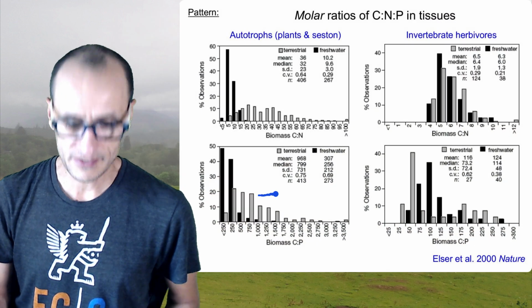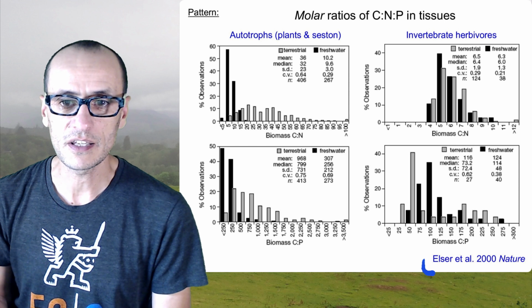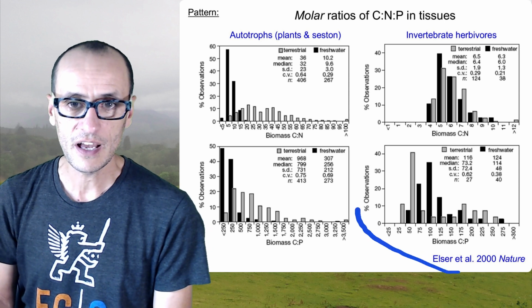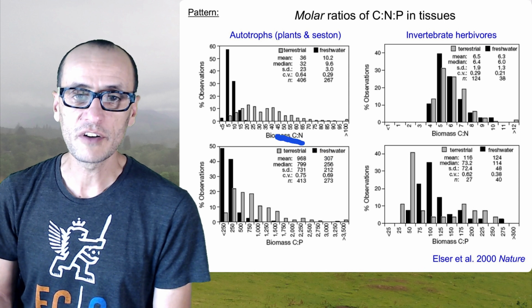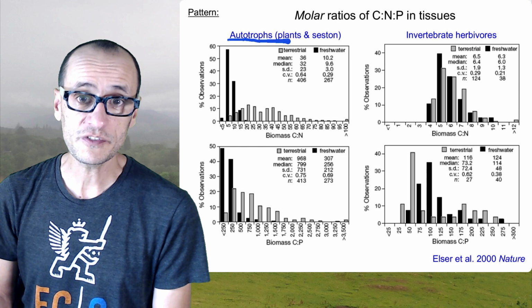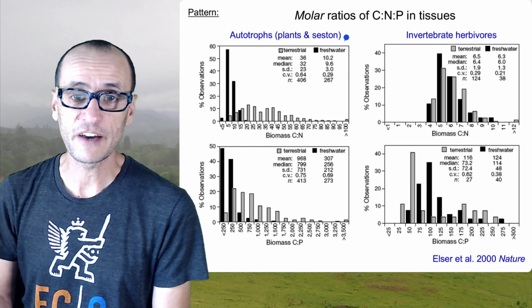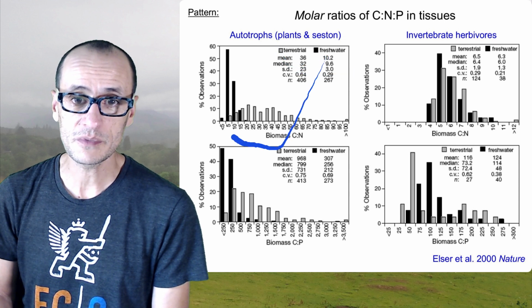So here is a pattern from a synthesis done by Jim Elser, who's one of the people who really dove deep into this particular field, that looked at the carbon to nitrogen ratio of autotrophs, plants and algae, other things, phytoplankton growing in aquatic systems, in terrestrial systems versus freshwater systems.